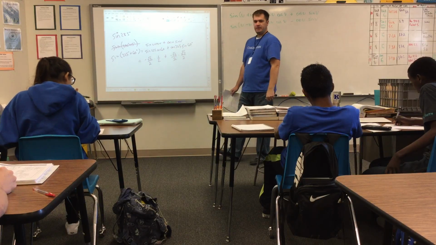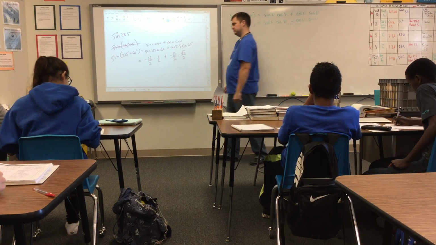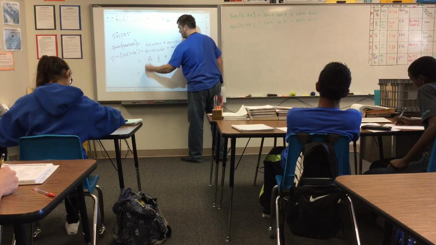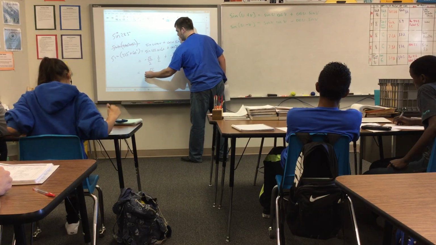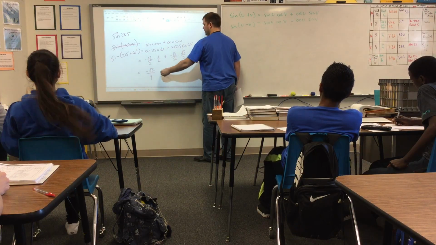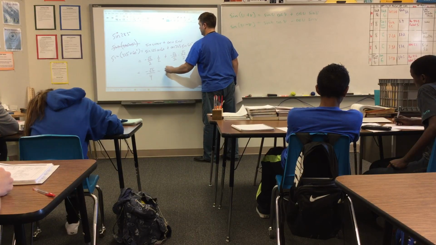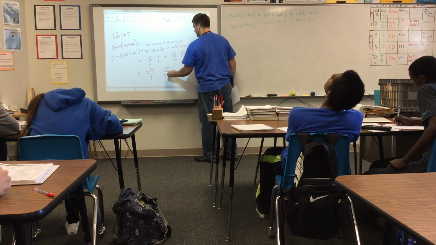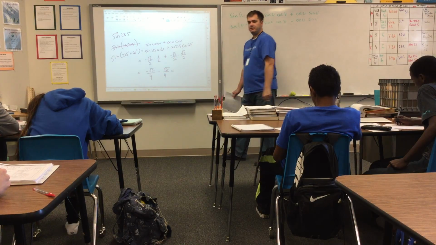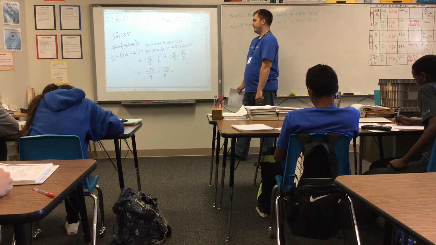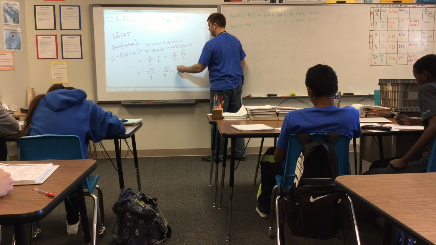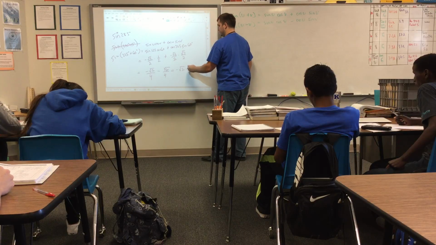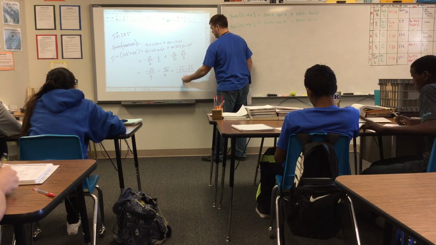Are we in agreement? Anybody have an issue? Okay. So this is going to be negative root 2 over 4 minus root 6 over 4. Wow, that's kind of interesting. All these seem to be having a little pattern there. So this is just going to be negative root 2 minus root 6 all over 4.